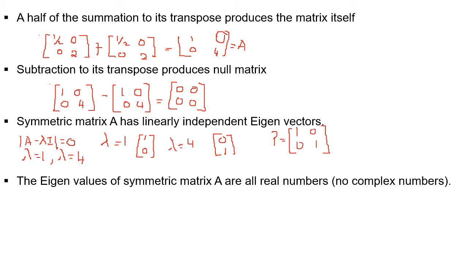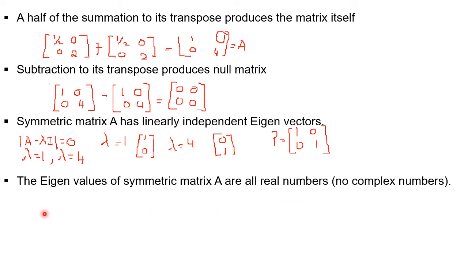And if you observe, these two columns are independent of each other. These are nothing but the eigenvectors corresponding to the eigenvalues.